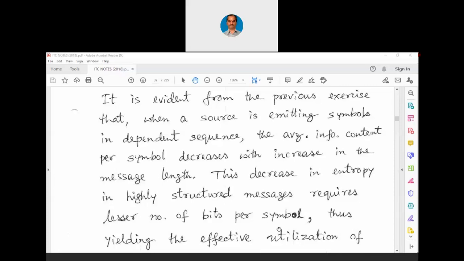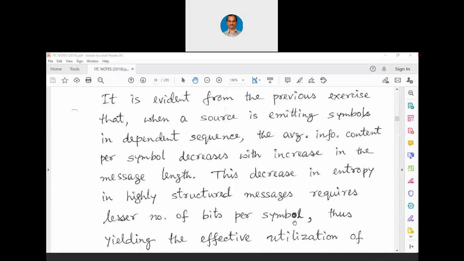We are going to do that in module 3. Whatever concept is being discussed now is applicable there in module 3. That is the outcome here. Outcome means the decrease in entropy in highly structured messages requires lesser number of bits per symbol, which means for H and for E, for L, for O, we can have lesser number of bits.